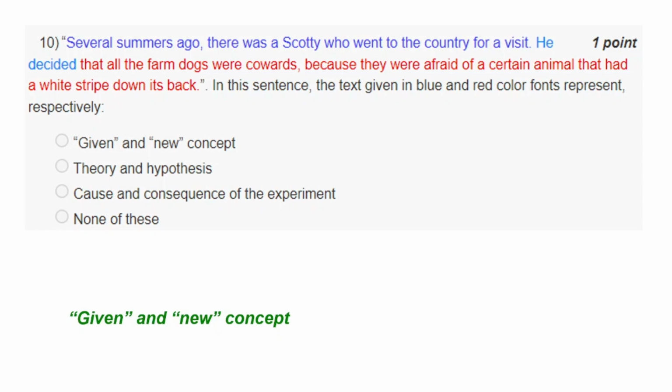When you're proposing a hypothesis, you're basically giving a proposal. You're not exactly sure if it will turn out the right way or not. We're basically hypothesizing something. But here it's written that he has already decided. He has decided, and he believed that all the farm dogs were cowards because they were afraid of blah blah blah. So I think this decided might be a key word.